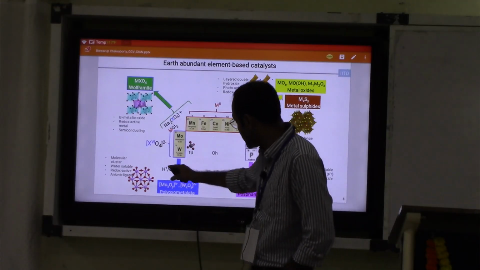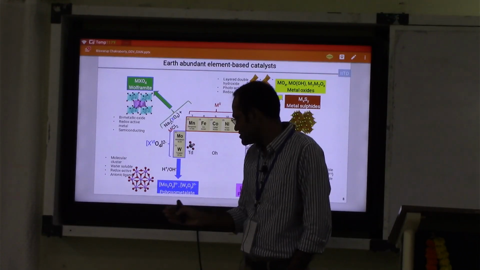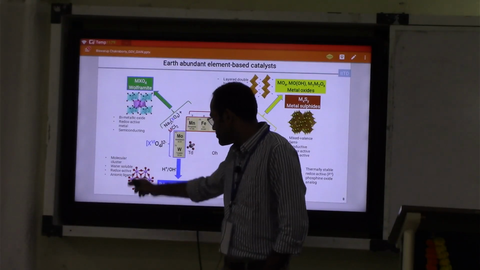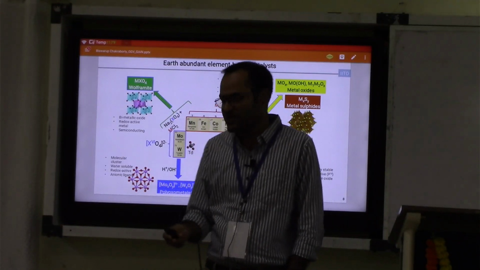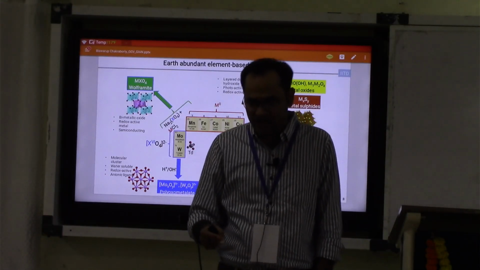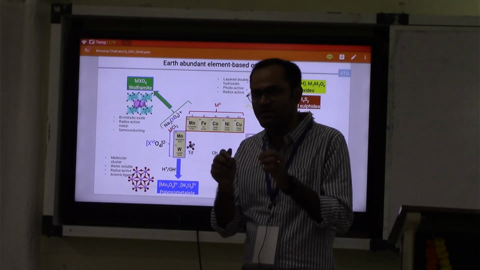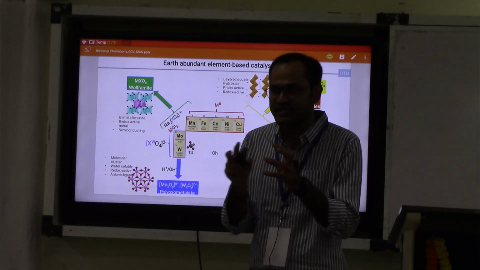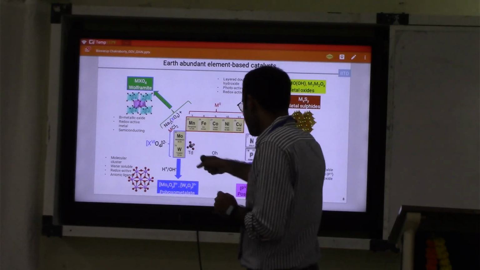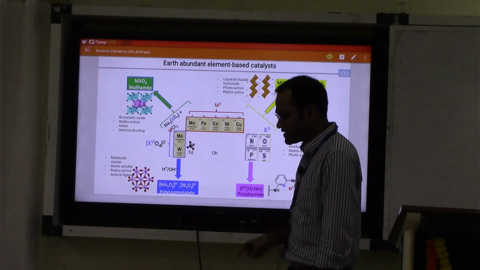These are not nanostructures; these are relatively smaller, with structures less than 1 nanometer. So molecular clusters can also be prepared out of these 4D and 5D elements. They are commonly known as polyoxometalates because multiple metal oxo centers are connected with each other through oxo bridging links.